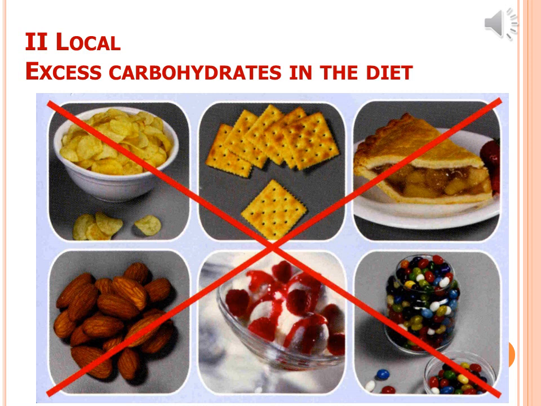It is well known that carbohydrate intake induces increased acidification. So, taking 10 grams of sugar leads to an increase in lactic acid in saliva by 10 to 16 times.